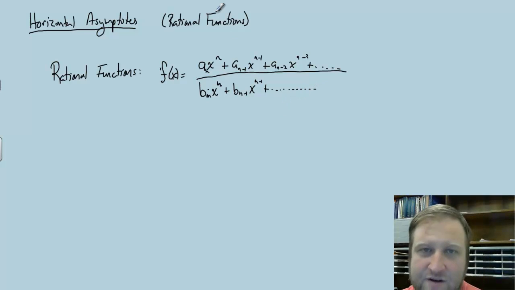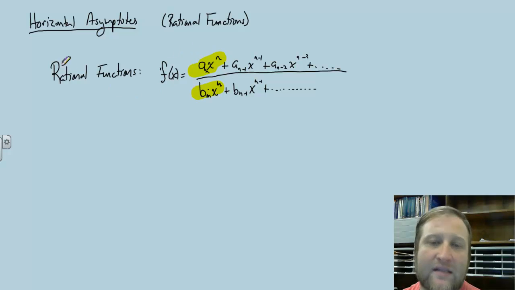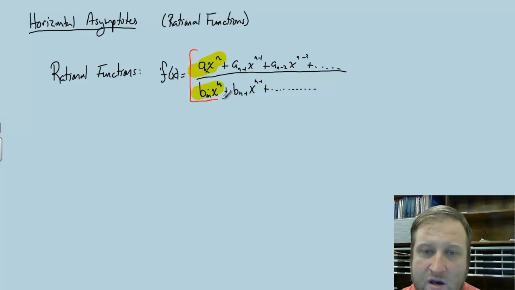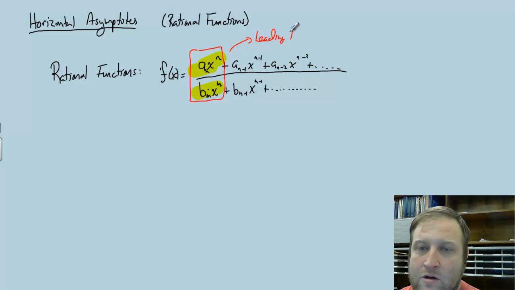However, what we really care about for rational functions are the leading terms, these two right here. Horizontal asymptotes of rational functions can be determined by our leading terms. So we care about the leading terms of our numerator and our denominator.